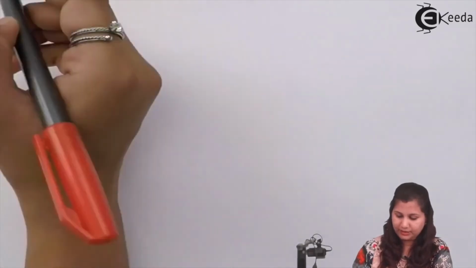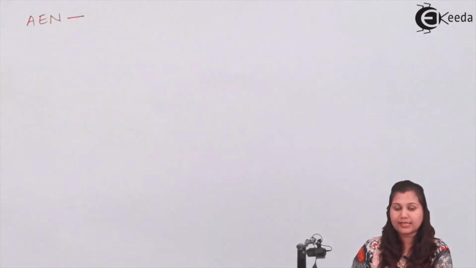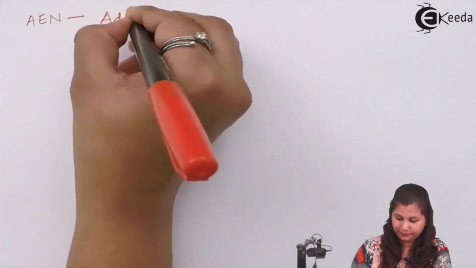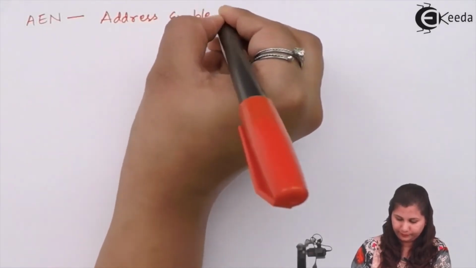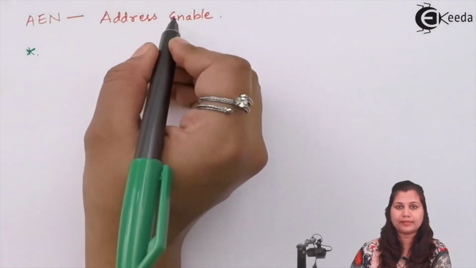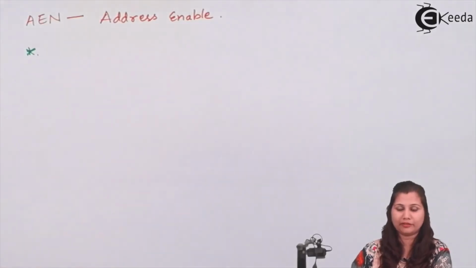Next, we have the signal AEN. This is the address enable signal. This signal enables the 8-bit latch which is containing the address of the peripheral device.